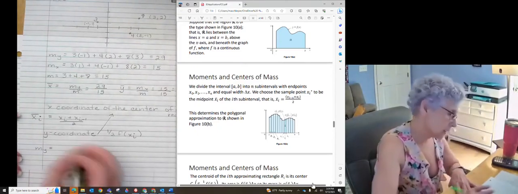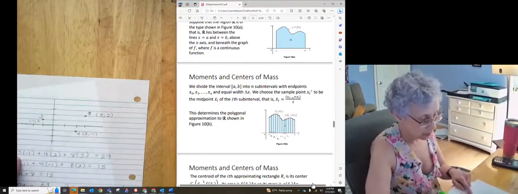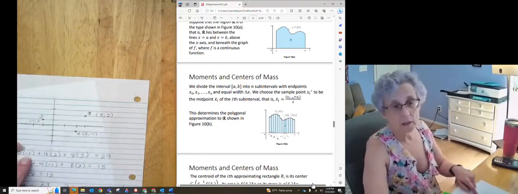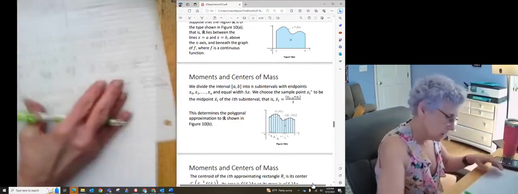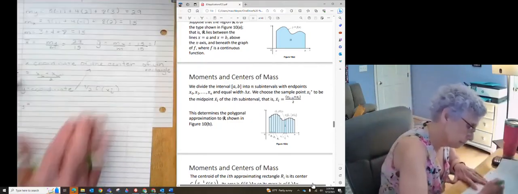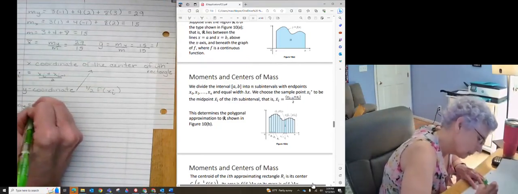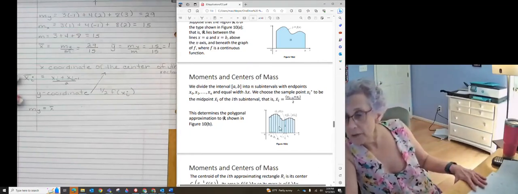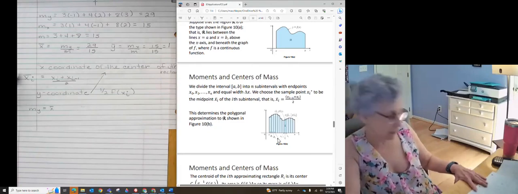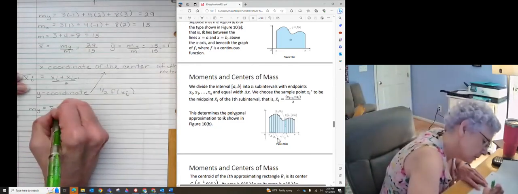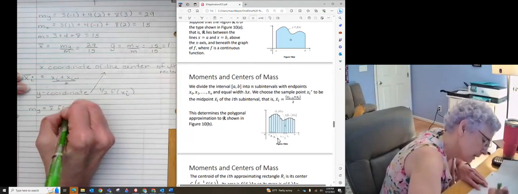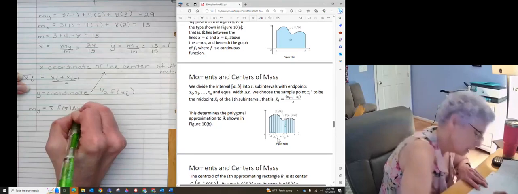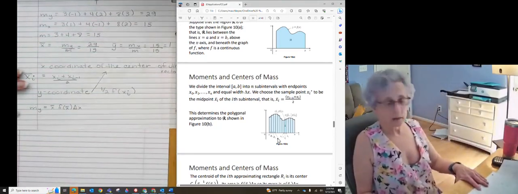That involves the x coordinates. And we know up here we would take the mass times the x coordinate. So my x coordinate is x bar. And the mass of this little ith strip is going to be the height of the strip times the width of the strip. The height of the strip would be f of x bar, and the width is my delta x.